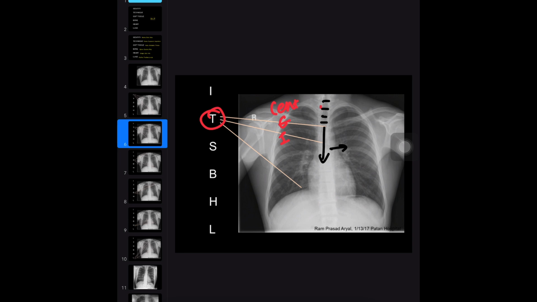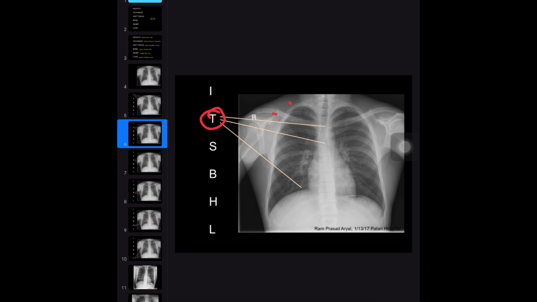So there is no interspinous process below, but here it is present. So this is a good x-ray.